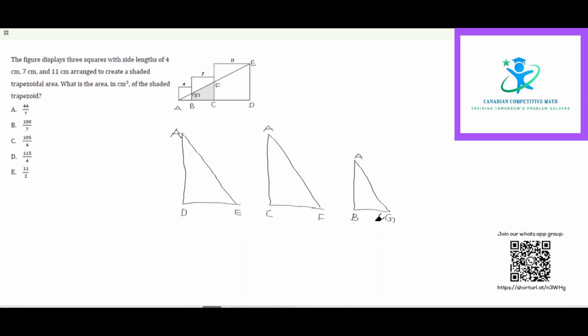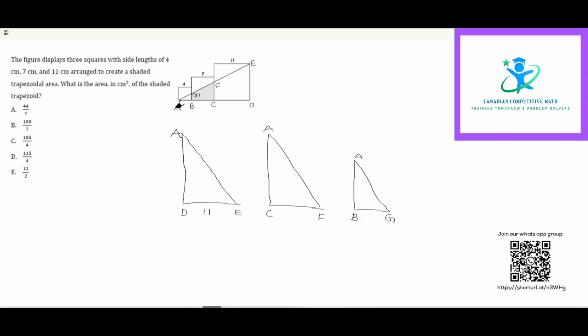For us to find the area of this trapezoid, we need to know BC, BG, and CF. From the square properties, we know that BC is 7. If we can establish BG and CF, we have all the information we need to calculate the area. Since this is 11, we know DE is 11 centimeters.